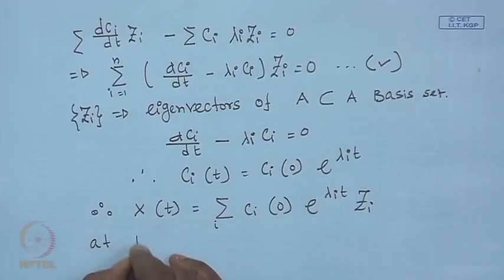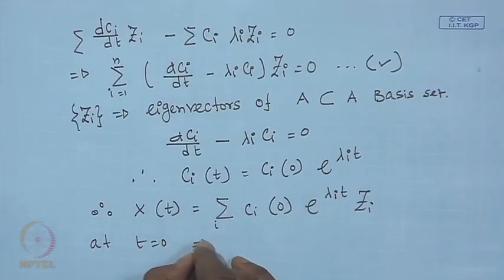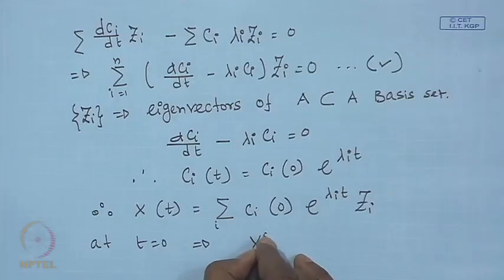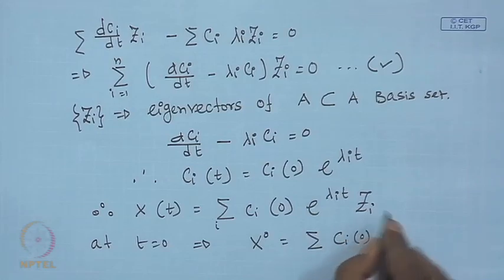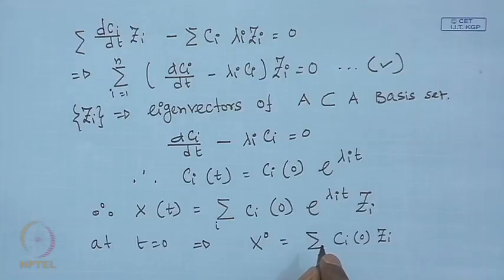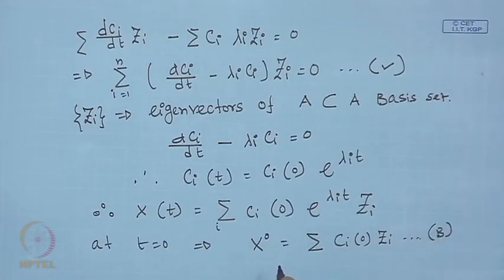At time t equal to 0, we have x_0, the initial condition that is known to us, which is nothing but summation c_i0 z_i. Let us say this is equation number B.